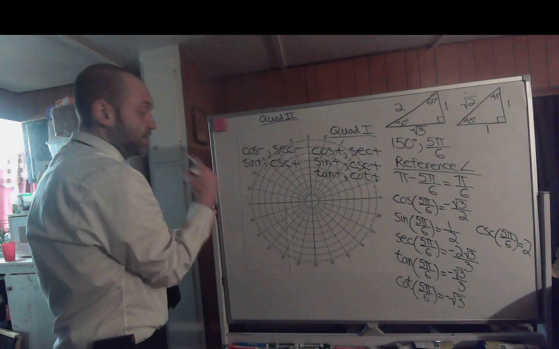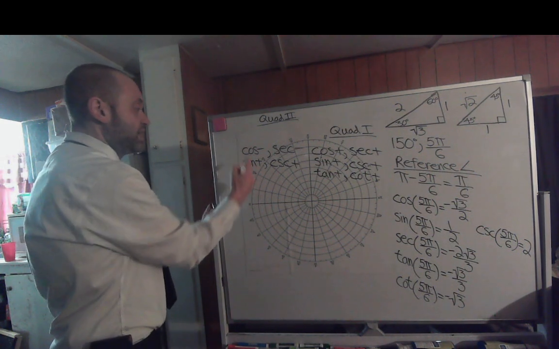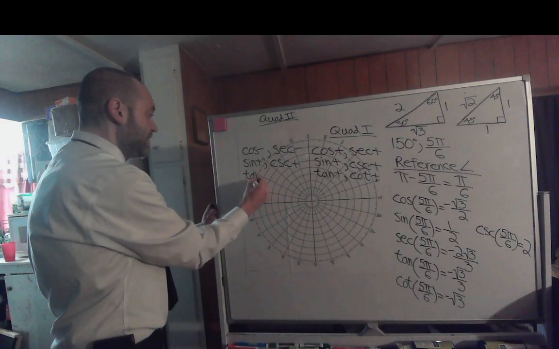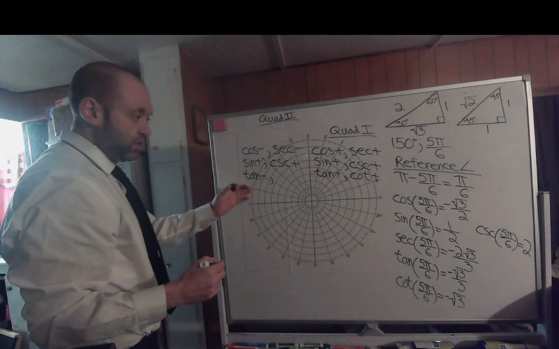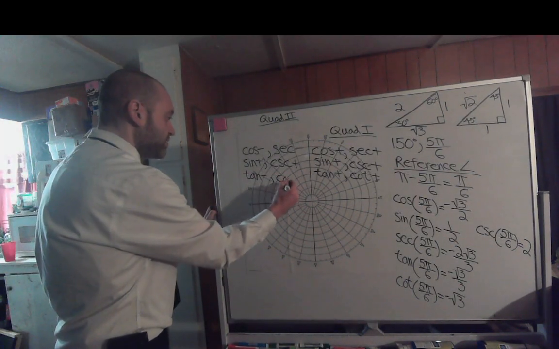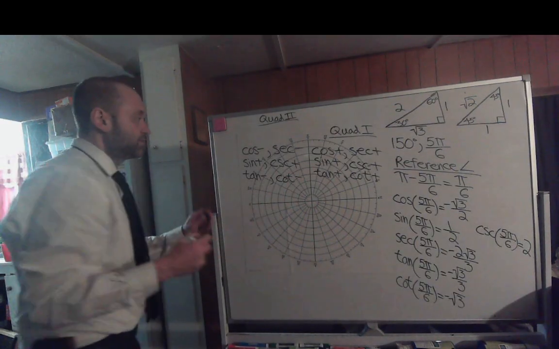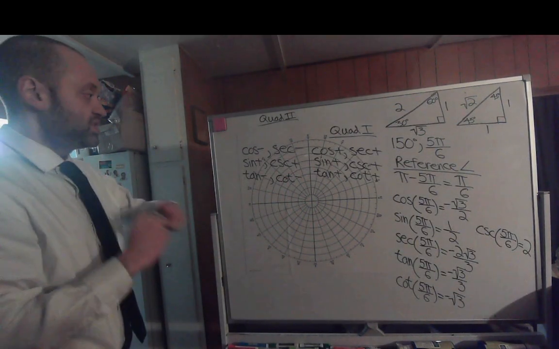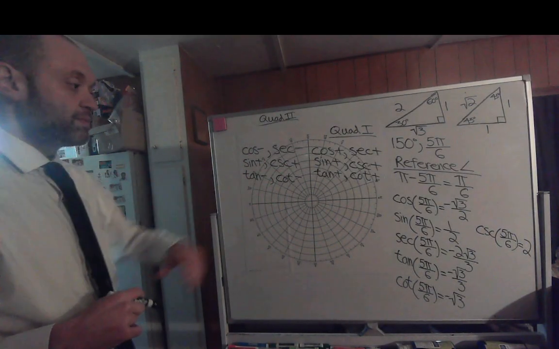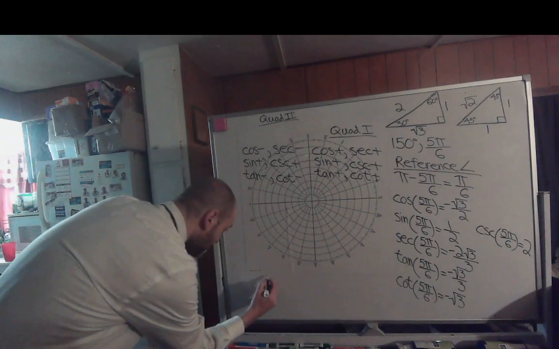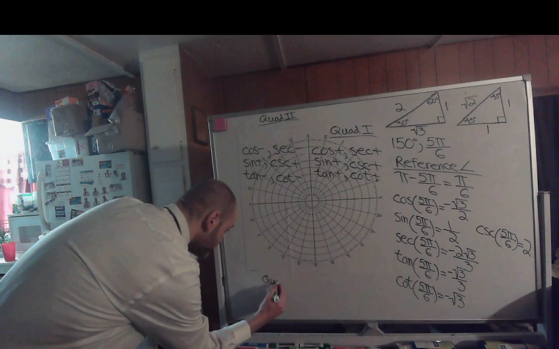Which means then, since tangent is sine divided by cosine, your tangent would have to be negative. And since cotangent's 1 divided by tangent, your cotangent is also negative. So your sine and cosecant are positive in the second quadrant. Everything else is negative. And you guessed it, we're about to go into quadrant 3.